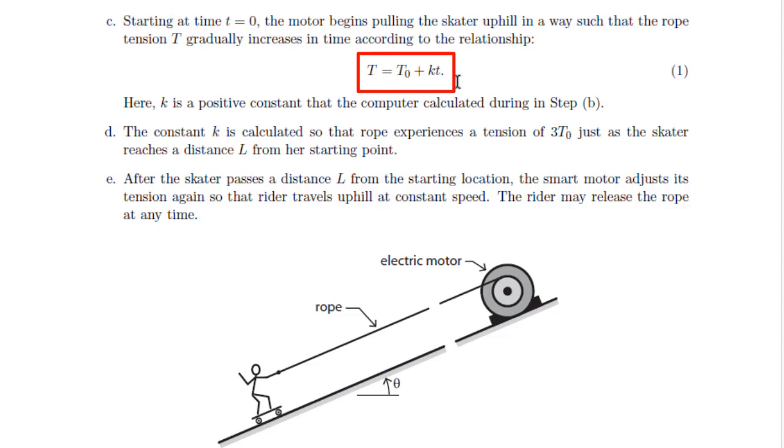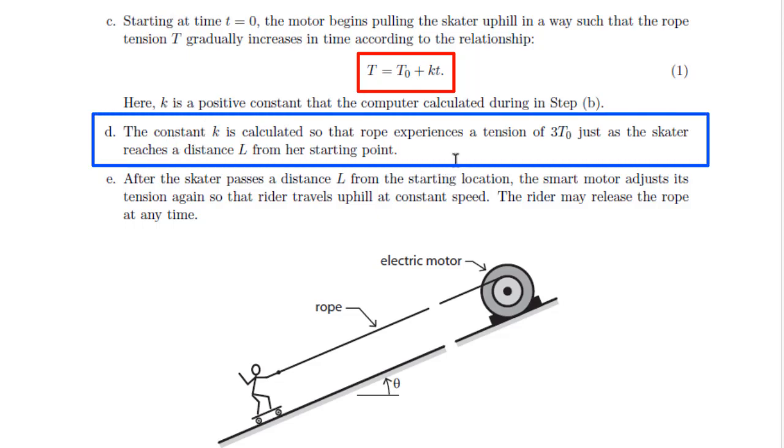And the onboard computer on this skater towing system is computing a k so that the rope experiences a tension of 3 times T0, 3 times the initial tension, just as the skater reaches a distance L from her starting point. It's the one that gives you this exact tension after traveling this distance, right?